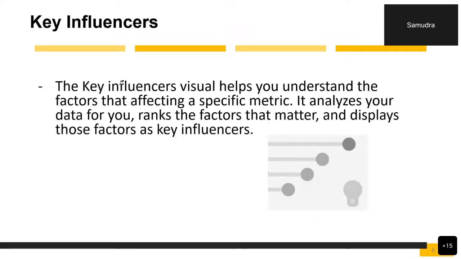The other visual type is key influencers. This visual helps you understand the factors affecting a specific metric. It analyzes your data for you, ranks the factors that matter, and displays those factors as key influencers. I will explain this using one scenario, so you can get more idea about this visual type as well.